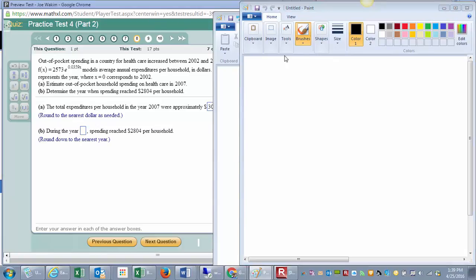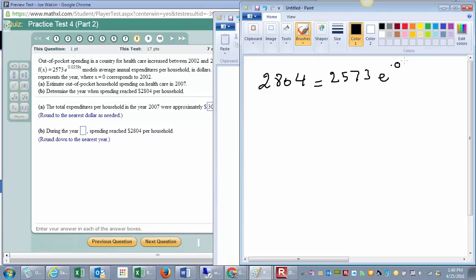All right, so we have to solve 2804 equals 2573 e to the power 0.0359x. Let's solve for x. Divide both sides by 2573.